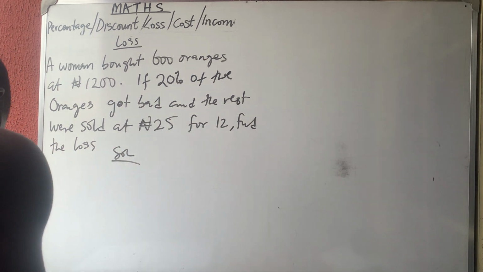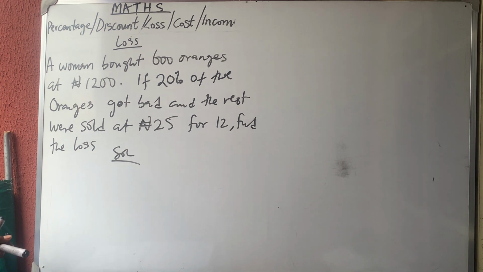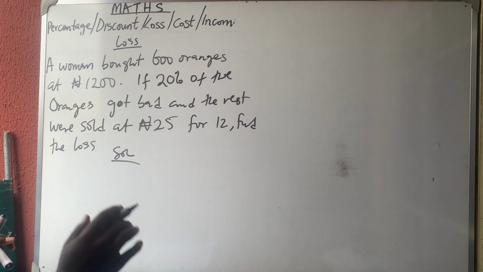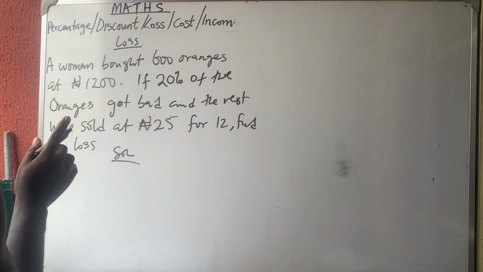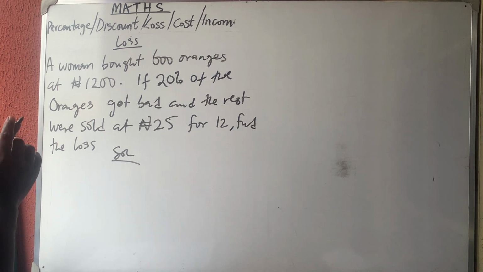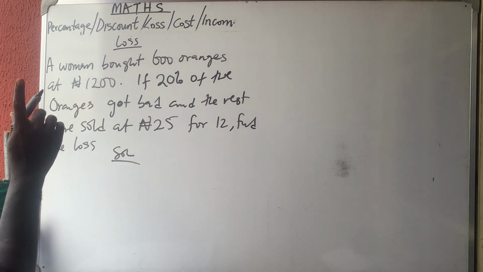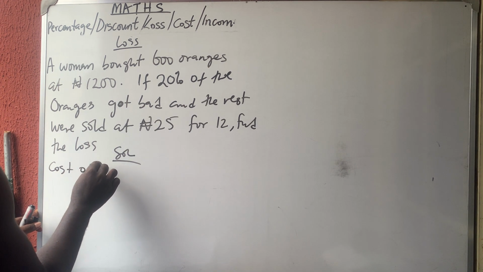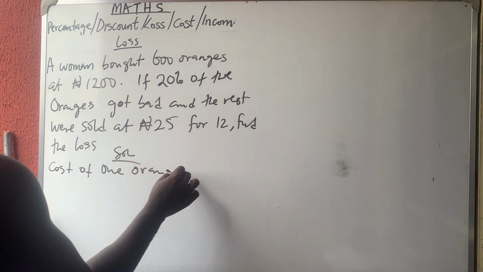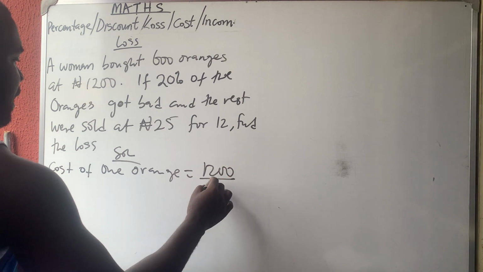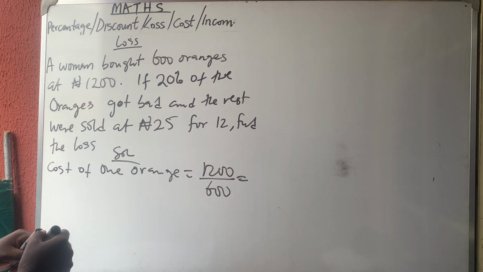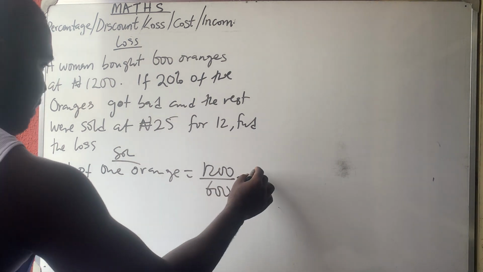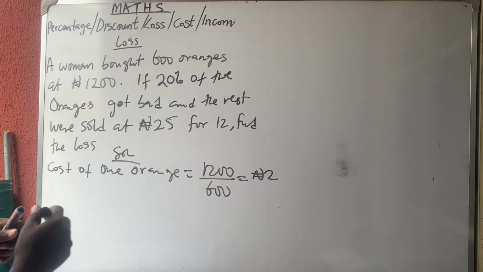All right. So a woman bought 600 oranges for 1,200 naira. Let's find out how much she bought one orange. So the cost of one orange is 1,200 she paid divided by the 600 oranges, which is 2 naira. She bought each orange for 2 naira.